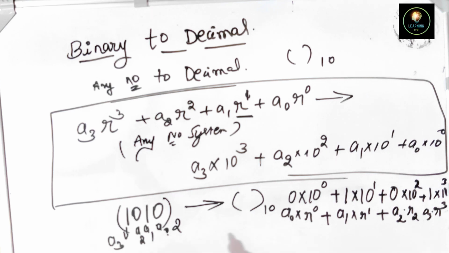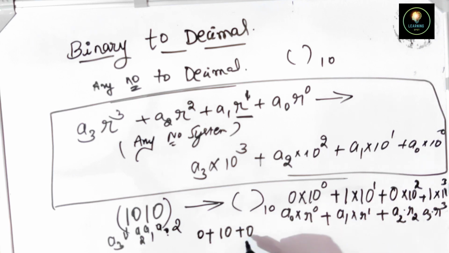So now you have to add all of this. 0 into 10 to the power of 0 is 0, plus 1 into 10 to the power of 1 is 10, plus 0 into 10 to the power of 2 is 0, plus 1 into 10 cube is 1000.